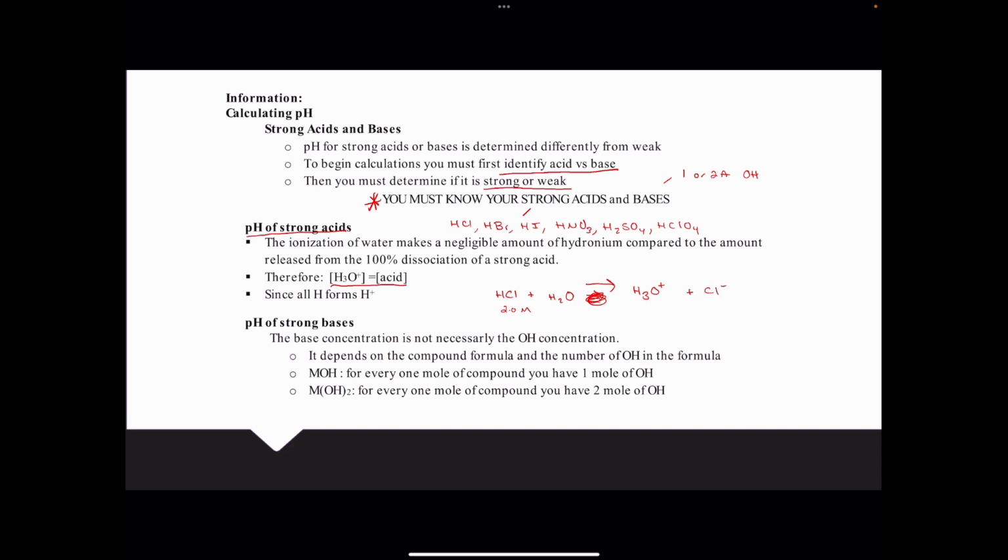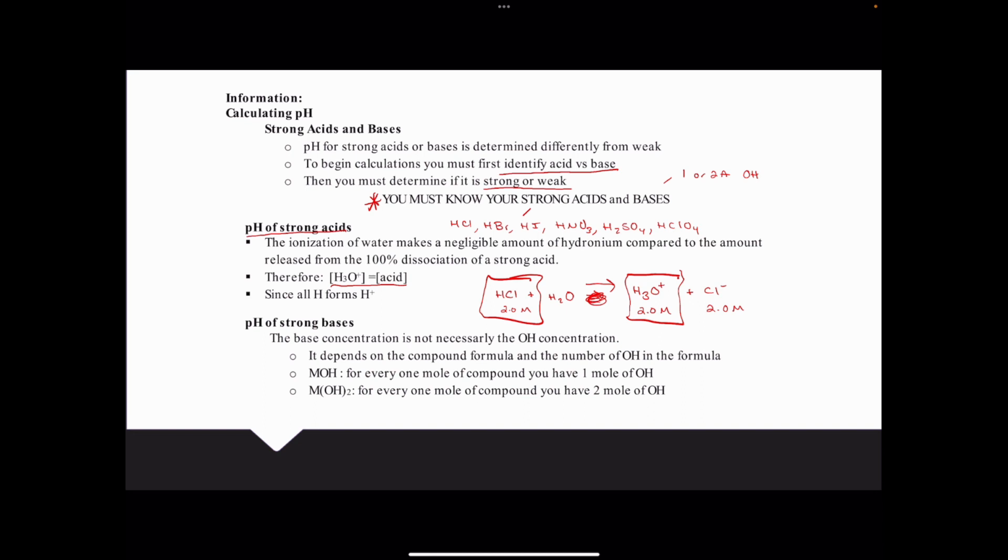And so everything's going to be in a 1-to-1 ratio. So we would produce 2 molar hydronium and 2 molar chloride. And so therefore the concentration of our acid equals the concentration of our hydronium. So that means for a strong acid, pH is straightforward. We're just going to take the negative log of our acid concentration.